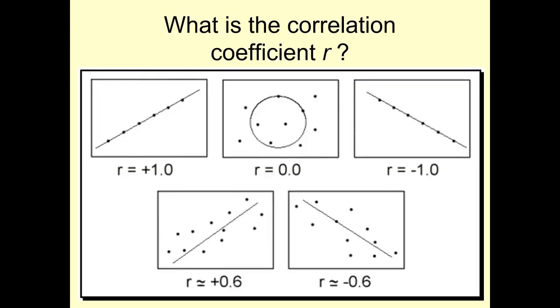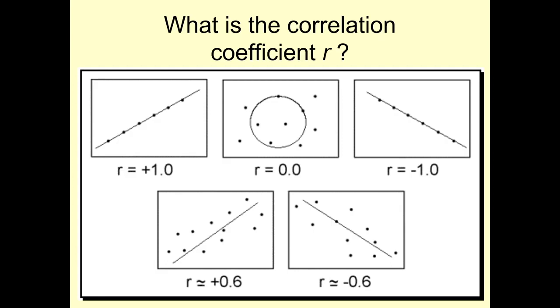So what exactly is the coefficient? Coefficient R is a value between -1 and +1, and it will tell you if there is a correlation, if there is a difference between x and y.